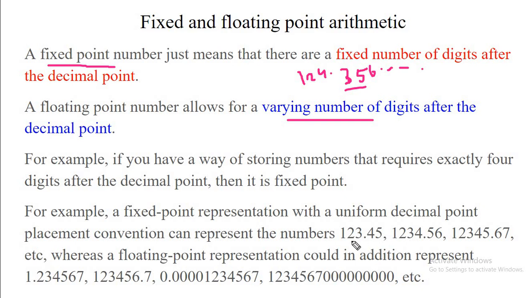For example, here we have taken 2 digits after the decimal: 3.45, 2.56, only 2 values. So, this will be fixed point. But floating point is not fixed. After the decimal there may be 5, 6 digits, there may be 1, there may be 7, 8 digits. So, digits are variable.